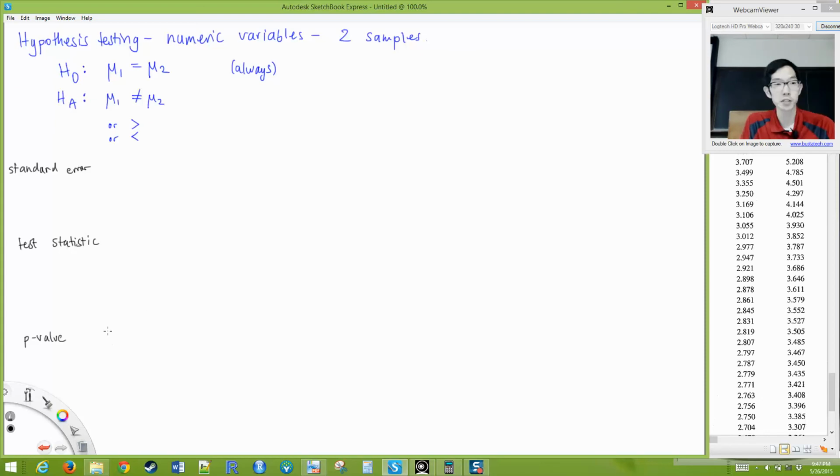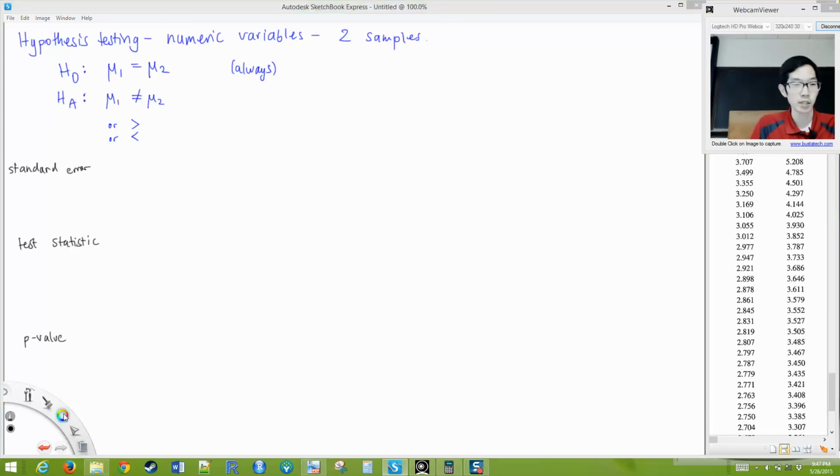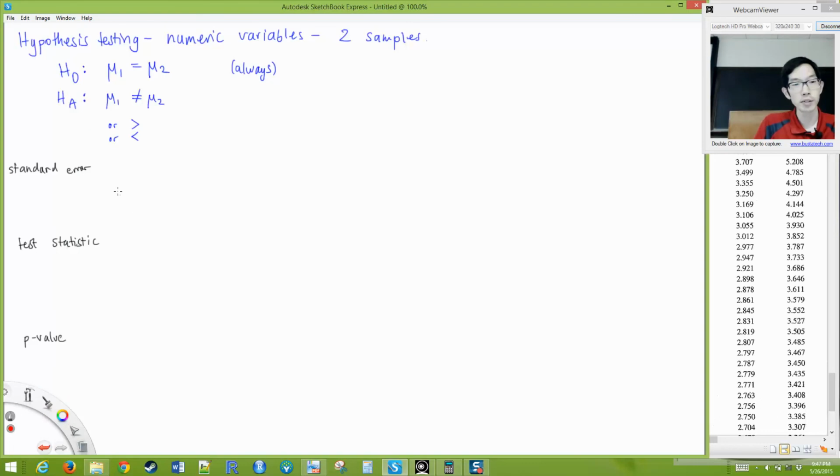Okay, so over here, the standard error is equal to the same standard error that we use for the confidence interval. S1 squared over N1 plus S2 squared over N2.